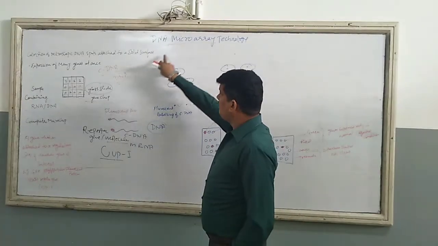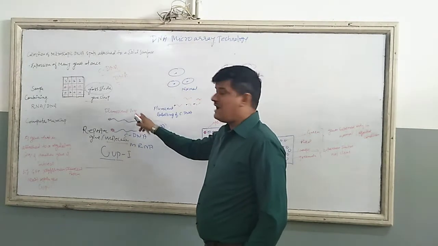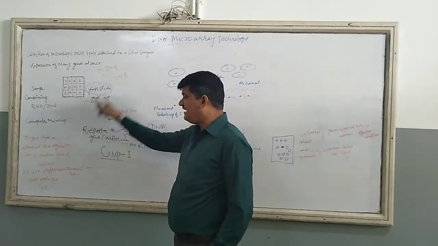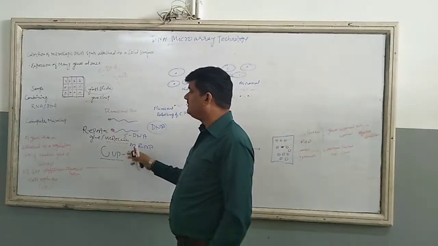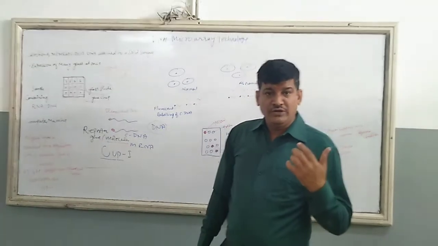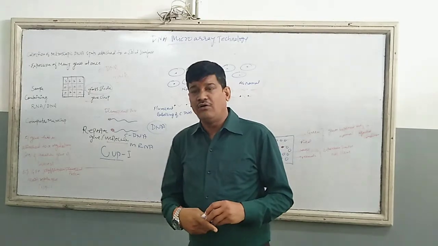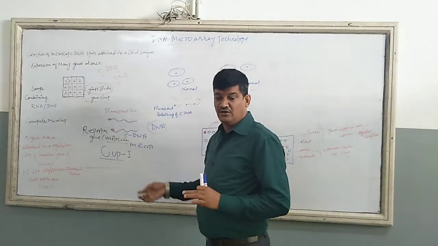So if you want to study the DNA microarray, it is based on the application of fluorescent dye as well as the reporter molecule, and here we are taking the reporter molecule or reporter gene to recognize the presence of a particular gene of interest and its expression.